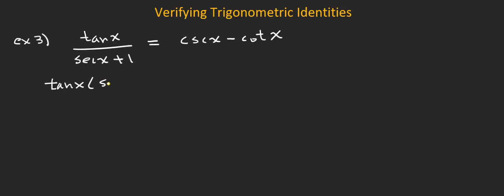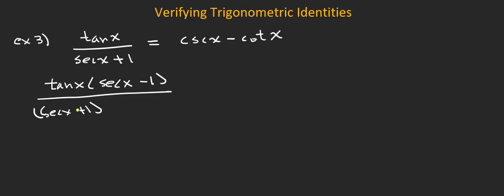So quantity secant x minus 1 all over quantity secant x plus 1, quantity secant x minus 1. Okay, and let's see where it leads to. So when you distribute this, well, let's just leave it alone and see what happens.